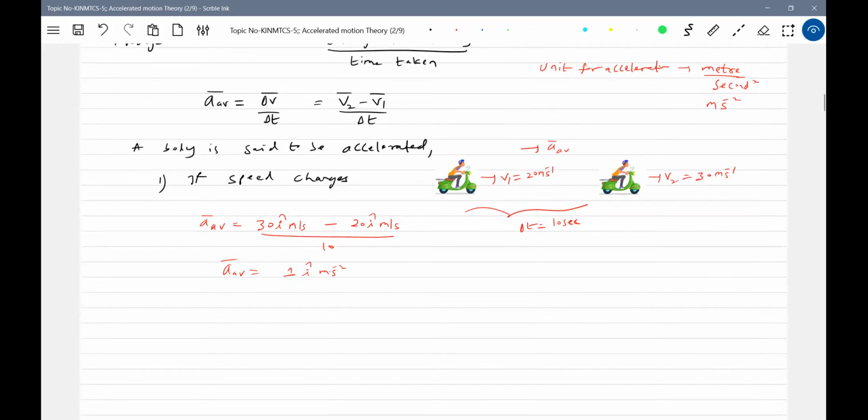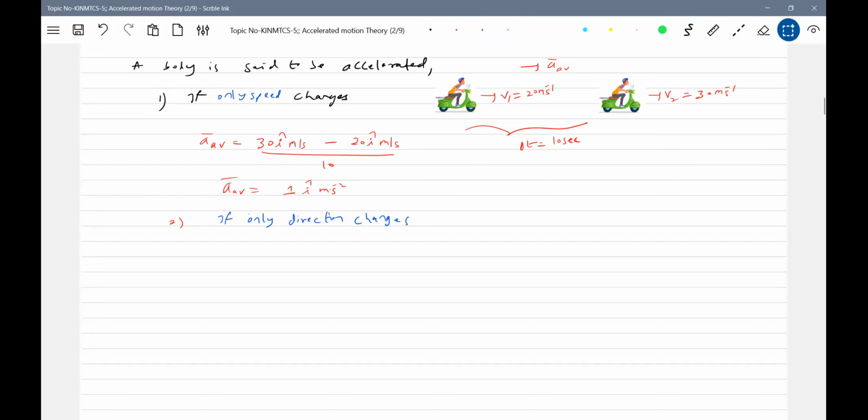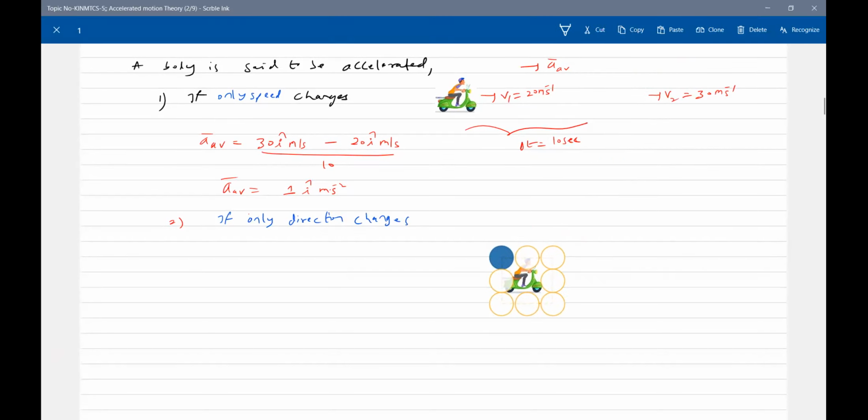Next, the second thing: if only direction changes. How can there be acceleration if there's a change in direction? The bike initially was moving along the x-axis.